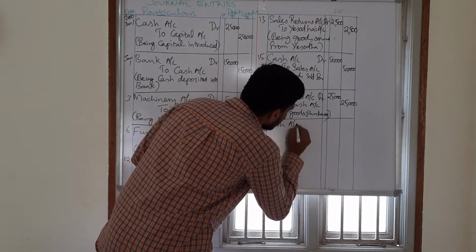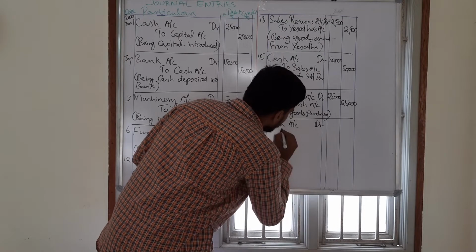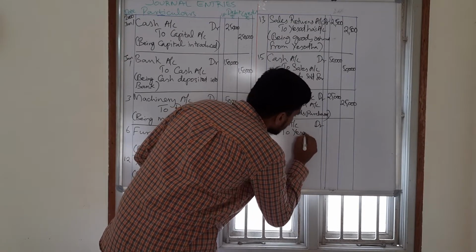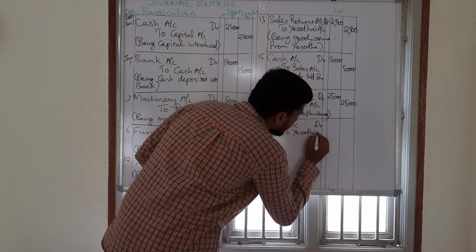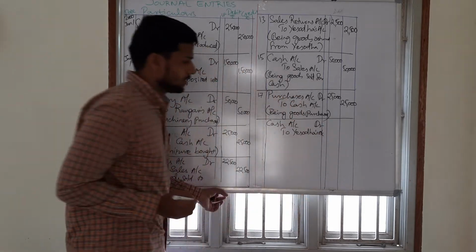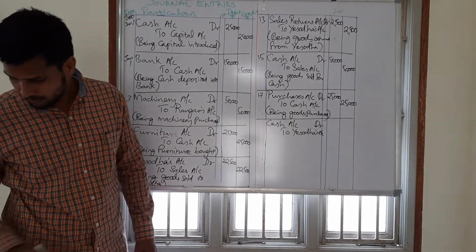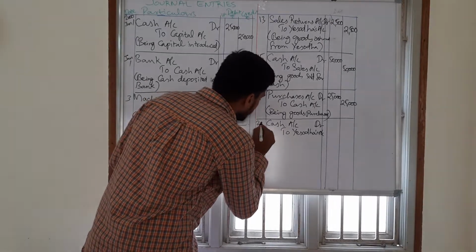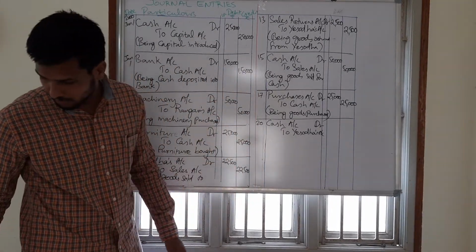Cash account debit to Yasoda account. Okay. So what is the date? 20. How much are they receiving?